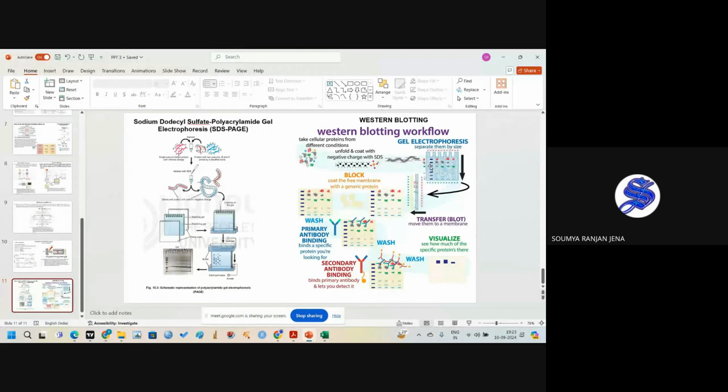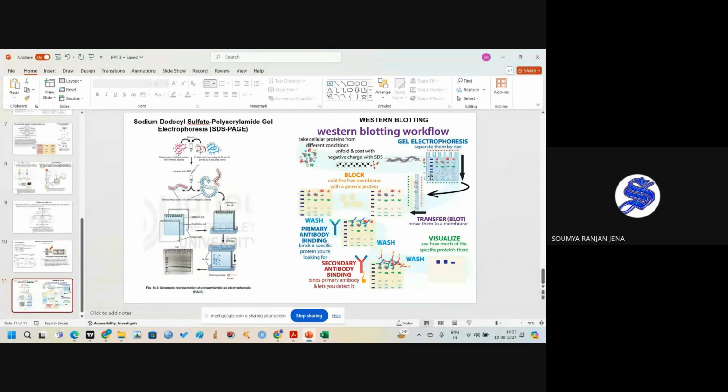This is 100 kilodalton protein. This is 80, there is no protein in 80 kilodalton. This is 50, there is no protein in 50 kilodalton. You can find something between 30 and 50, maybe a 40 kilodalton protein. These are 10 kilodalton proteins. You can find out the molecular weight also in the Western blotting process.